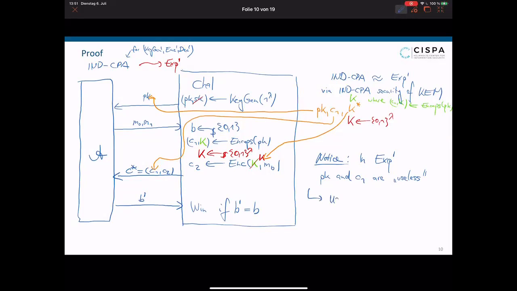So we can just use the INCPA security of EncDec to argue that the probability X prime equals 1 is smaller or equal to 1/2 plus negligible.